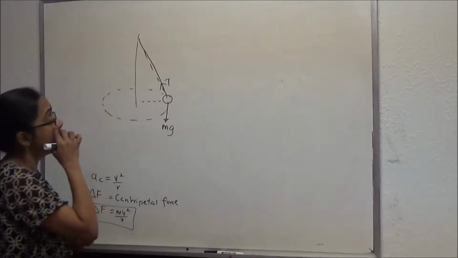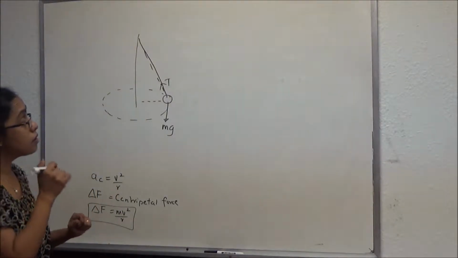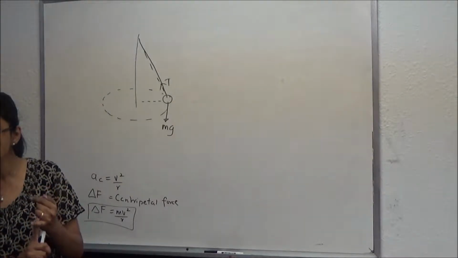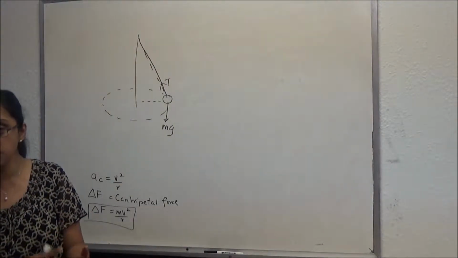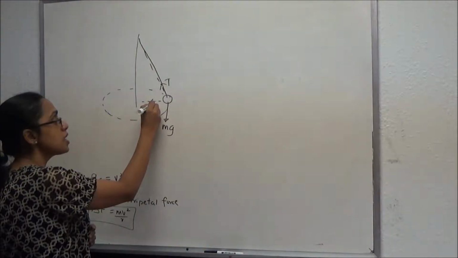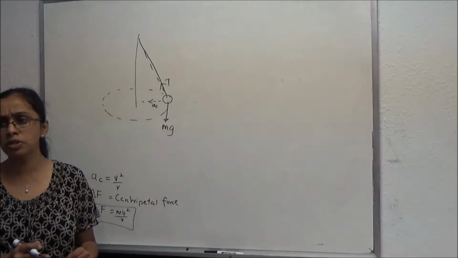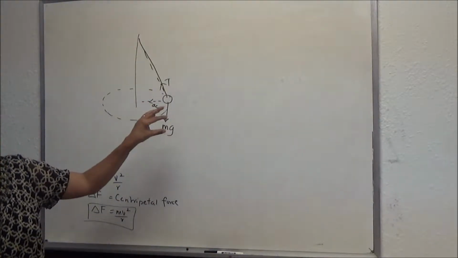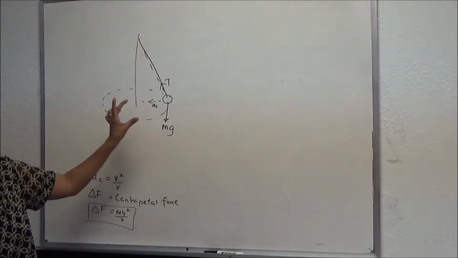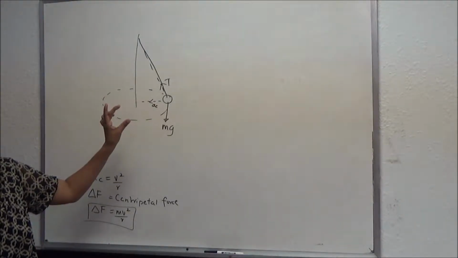Still, this has the linear component of velocity, the angular component of velocity, linear acceleration, angular acceleration, as well as the centripetal acceleration. And it is subjected to the centripetal force. So this centripetal force is given by, what do you think?